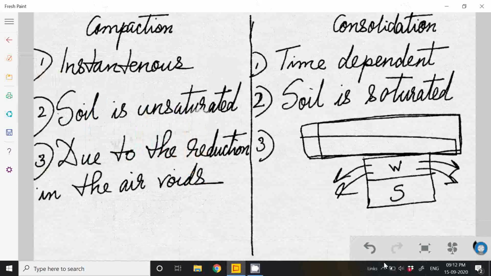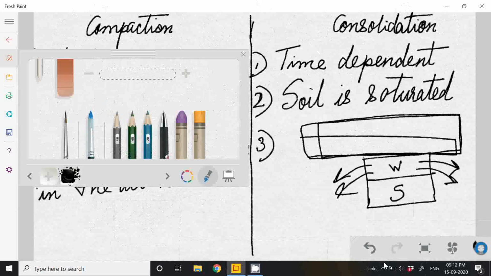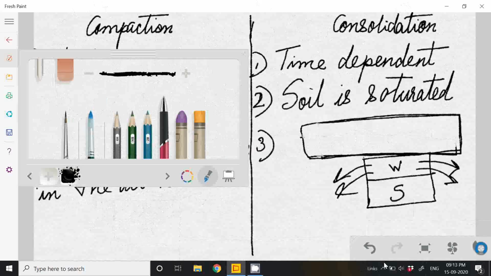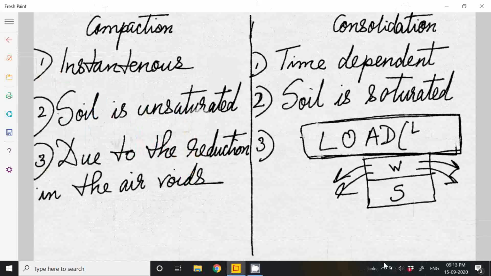If we place a load which will be there for a long time over the soil, water will get expelled and then the volume will decrease. So that is the phenomenon of consolidation.